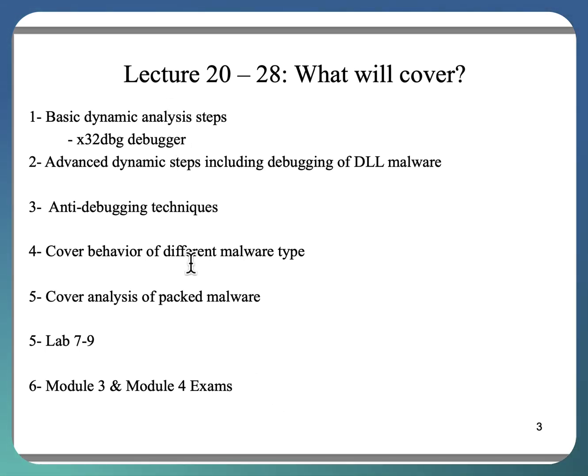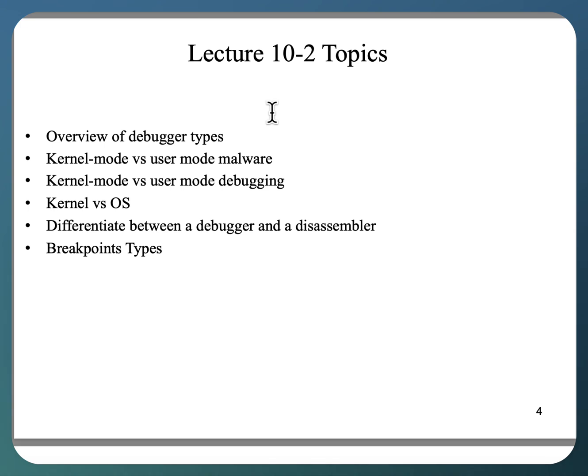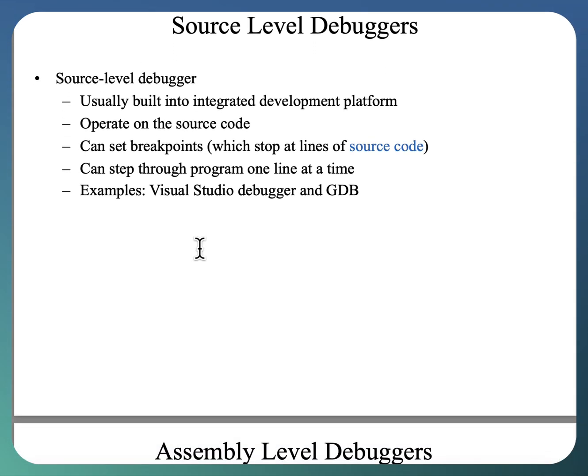What we are going to study from now on is the object of the third exam, which is the module 4 exam. So in this lecture, the topics that we are going to cover are an overview of debugger types, kernel mode versus user mode malware, and all those other topics that I already mentioned.